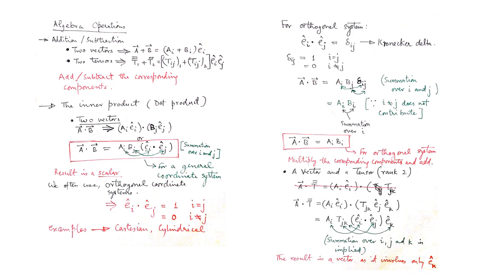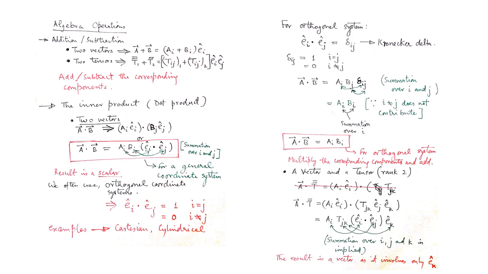Of course, since this is being used to symbolically represent ei dot ej, it must have the same properties that the dot product of ei and ej has. So delta ij has the same properties as the dot product of the unit vectors of an orthogonal coordinate system. Now what it does is it gives me some elegance in writing the dot product.